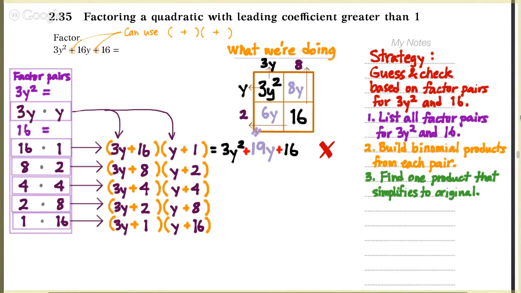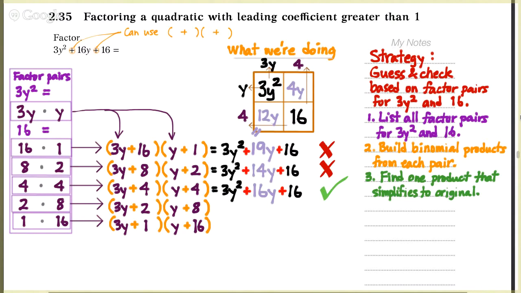When I combine those like terms, I get 14y as my middle term, which also doesn't match what we wanted. So that one's no good. So we'll try 3y plus 4 and y plus 4. That gives me cross terms of 4 times y and 4 times 3y. That's 4y and 12y, which when combined give me 16y. And that's the one I wanted, looking at my original question. And so we found one product that simplifies out to give me the thing that I originally wanted.